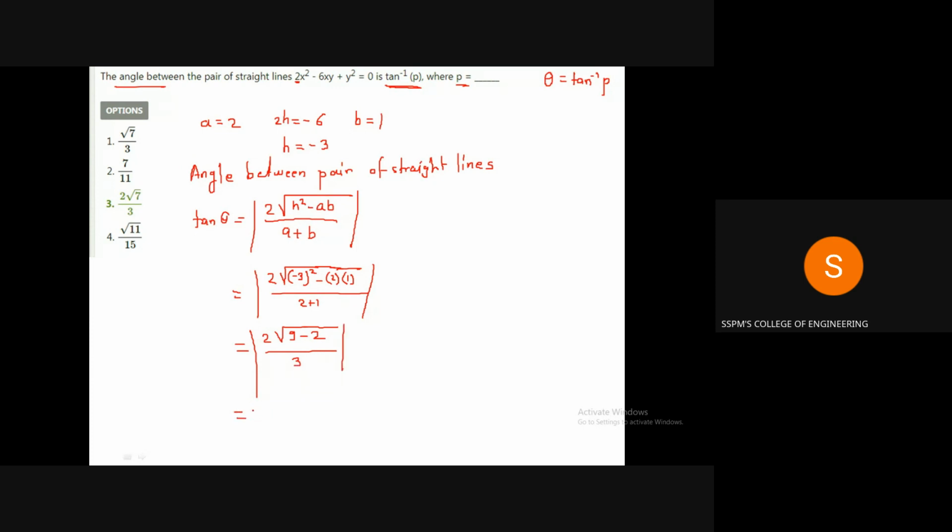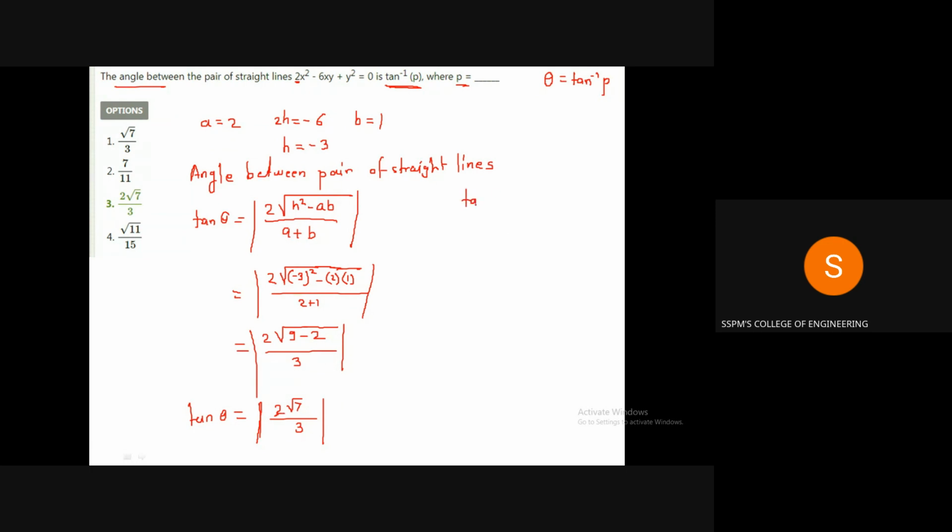So we have tan theta is equal to, if we solve this, mod of 2 root 7 divided by 3. Tan theta is equal to 2 root 7 divided by 3. If you look at this carefully, 2 root 7 and 3, all these values are positive, so we don't need to write modulus.